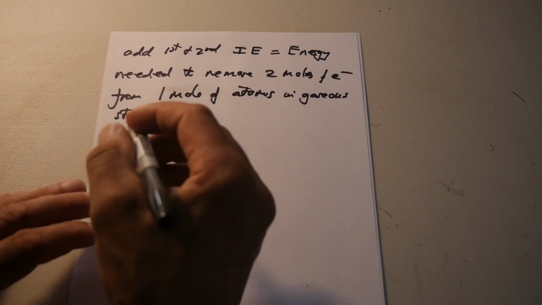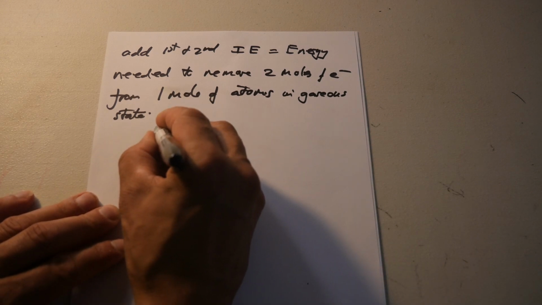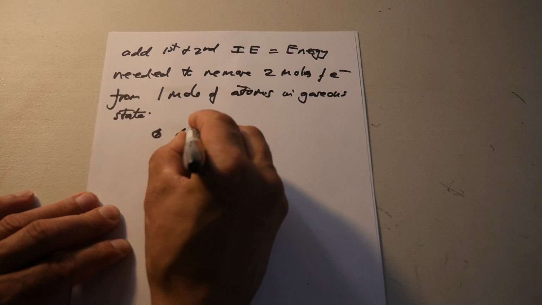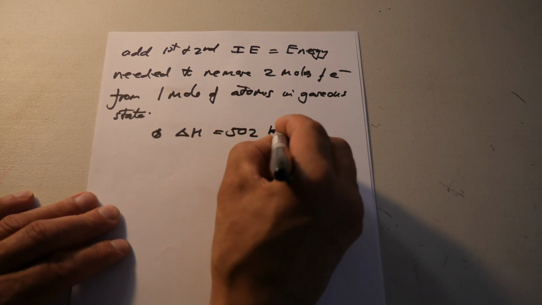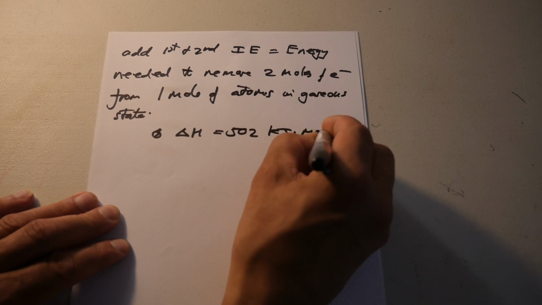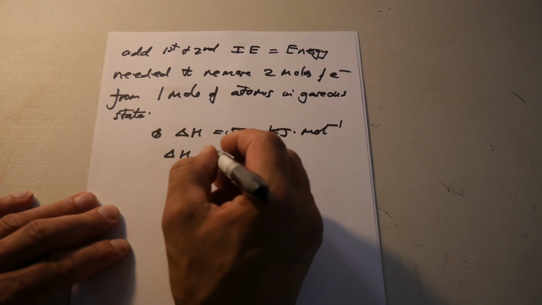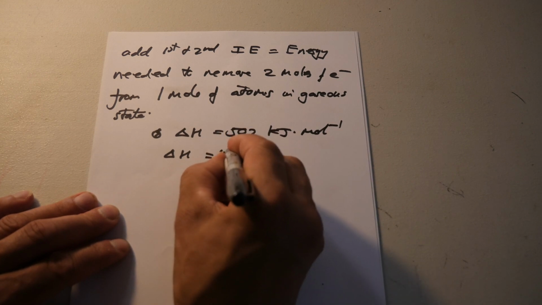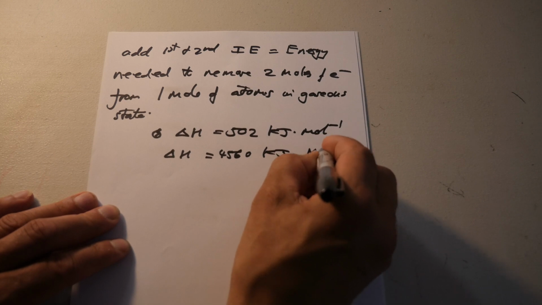So when you add up the sodium values, the first ionization energy is about 502 kilojoules per mole, and the second ionization energy equals 4560 kilojoules per mole.